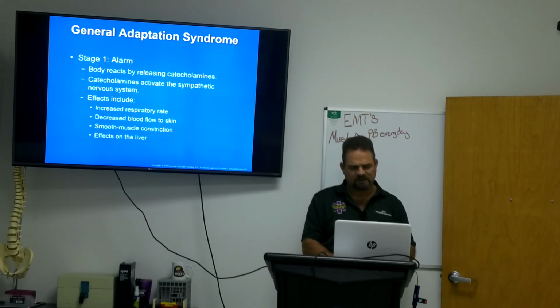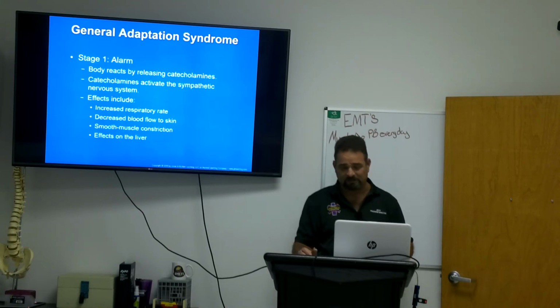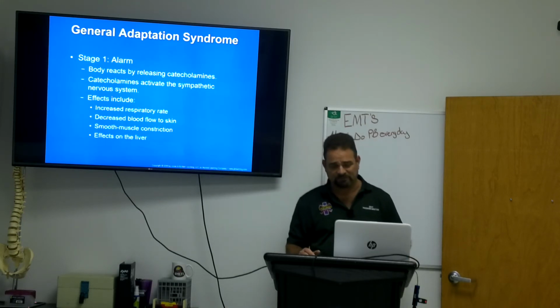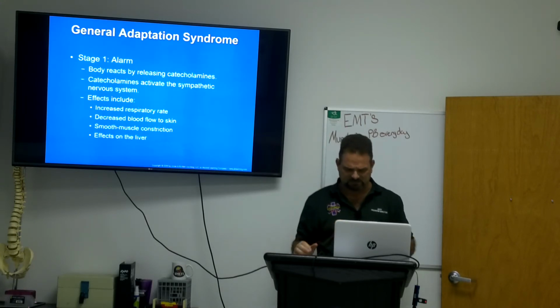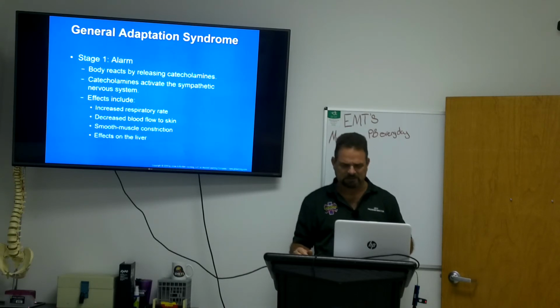You've got to remember that adrenaline and noradrenaline are your primary neurotransmitters. Adrenaline acts as a neurotransmitter. Noradrenaline is the primary neurotransmitter of the peripheral sympathetic nervous system. The catecholamines activate the sympathetic system by binding to the receptor sites, both alpha and beta.